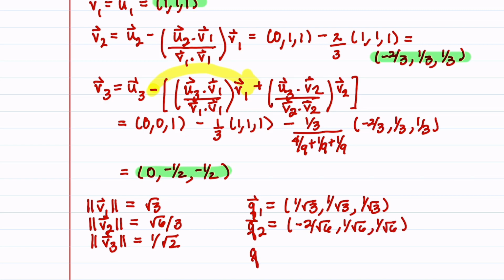And then lastly, q3 is going to be equal to our v3 times √2. So that gives us a 0, a minus 1/√2, and a 1/√2. Probably a really good idea to stop the recording and make sure you know how to do this problem and maybe redo it by yourself.